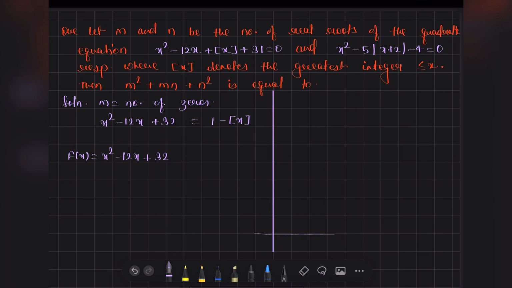Suppose this is the situation. So it is 2, 4, 6, 8. Now if you take x as 0, f of x will become 32.